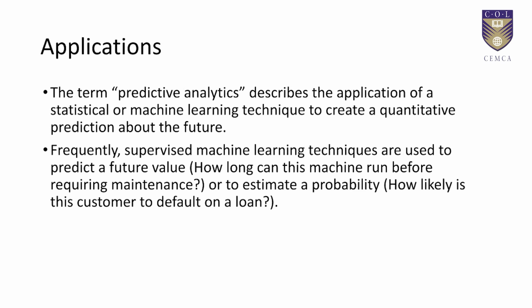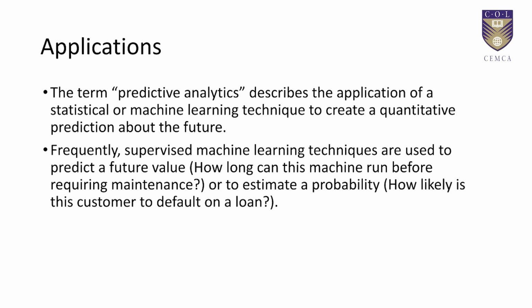So applications range from diverse areas to diverse set of industries, but essentially it is based on how do we apply various statistical techniques or machine learning techniques to create a quantitative prediction about the future. So as I mentioned in my opening remark, you can actually use this technique to predict a future value.